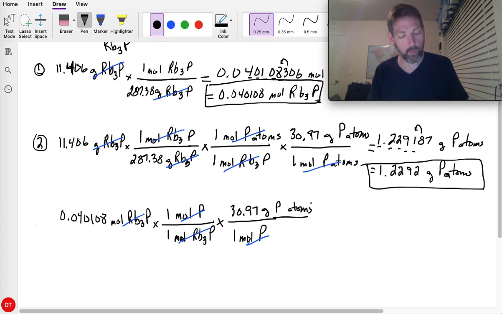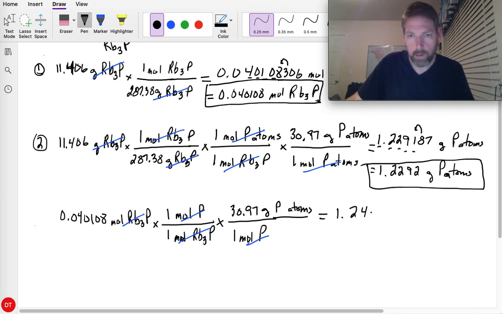So 30.97, I had 30.7, times 0.040108. All right, that looks better. That gives us 1.242144. So 1, 2, 3, 4, 5. There's the 5th number right there.